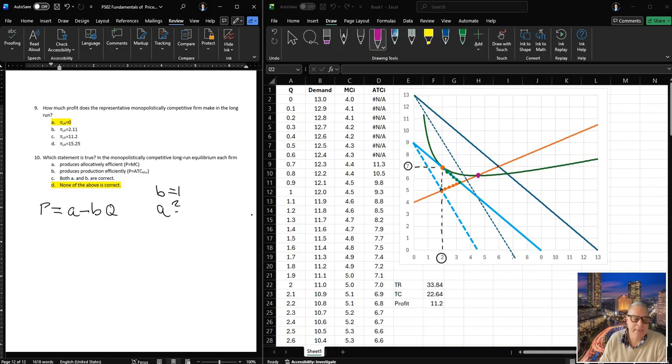That's easy, because at the price of 7, A minus B, which is 1, times Q, which is 2, so A needs to be 9, and therefore the residual demand function is 9 minus 1 times Q.